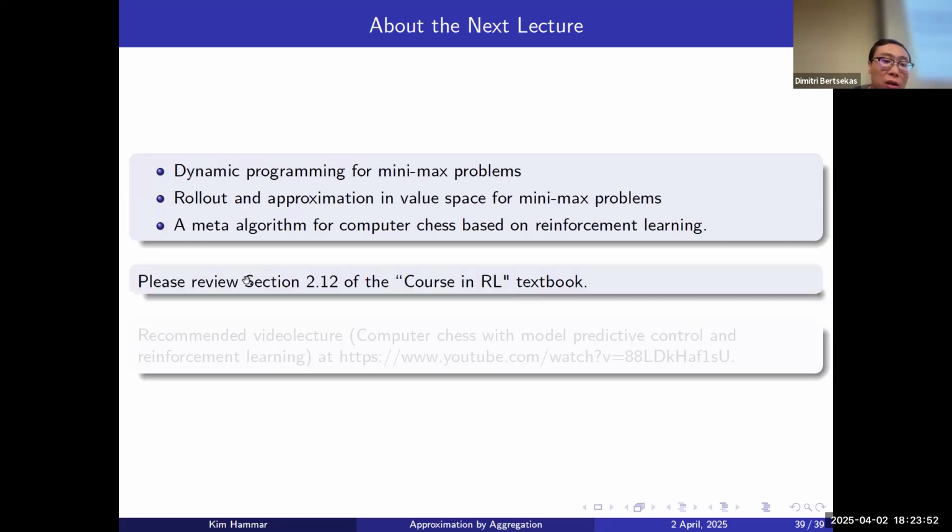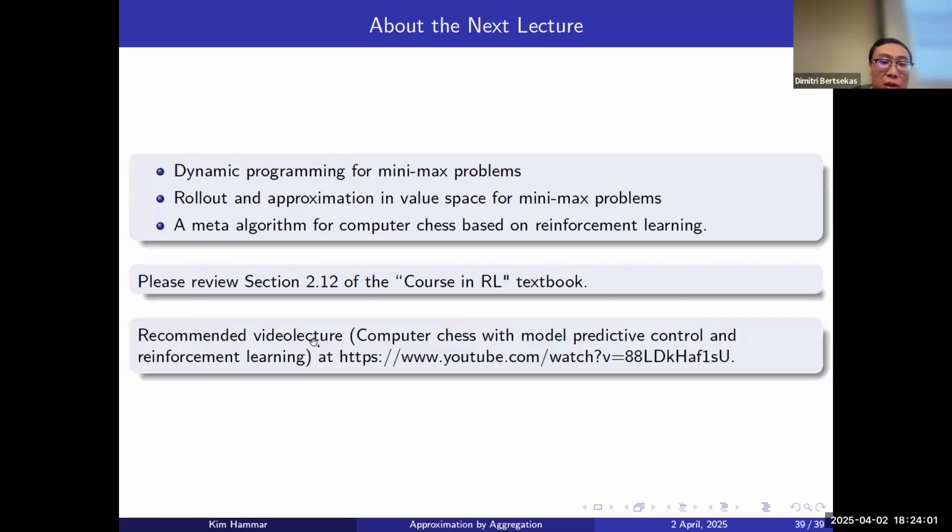And for this part, you can look at section 2.12 of the course book. You are also recommended to look at the video lecture given by Professor Bertsekas on computer chess with model predictive control and reinforcement learning at this link.